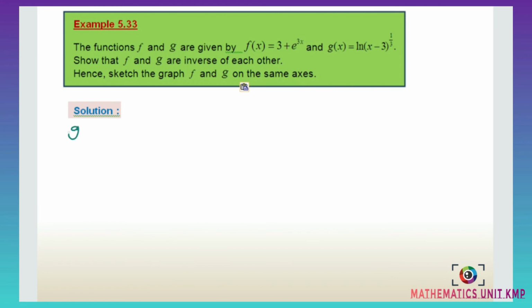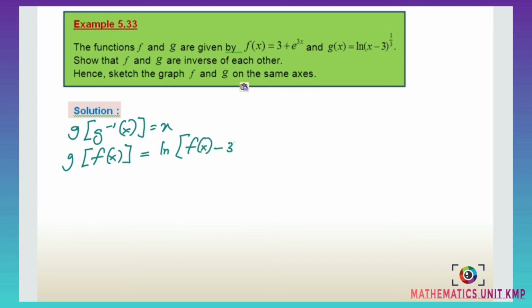Next, the concept is g composite g inverse equals x. Now, find g composite f(x) to show that f is the inverse of g. Refer to the function g, ln, and the input is f(x). Ln of f(x), which is 3 plus e to the 3x, minus 3, to the power of 1 over 3.